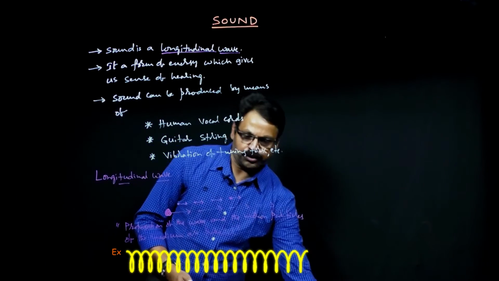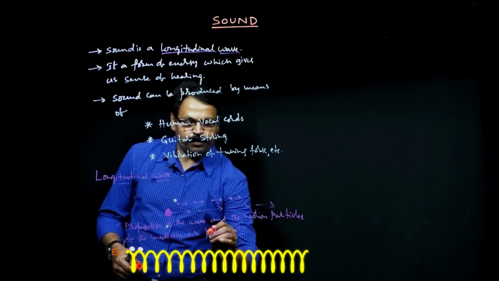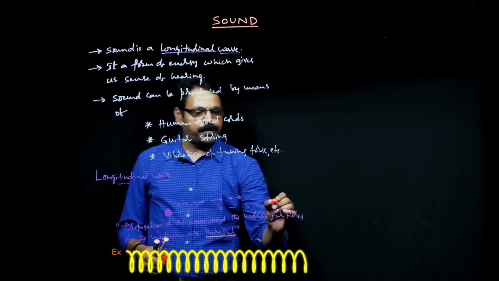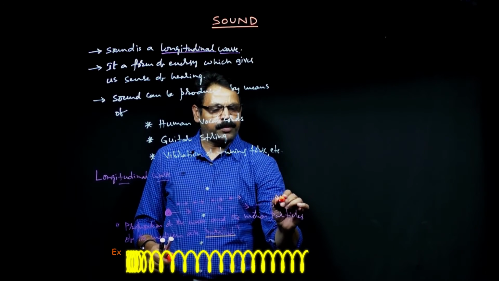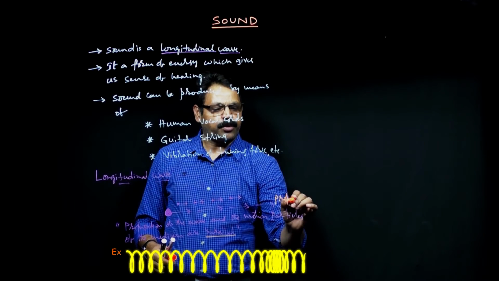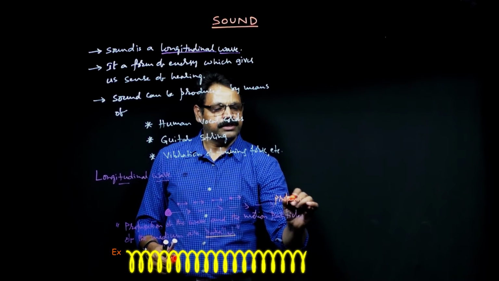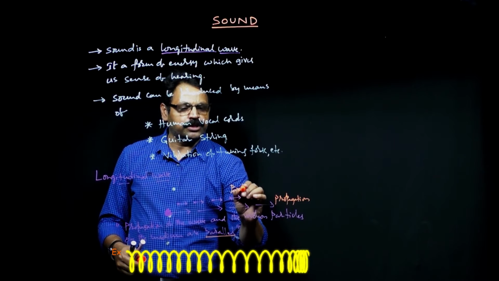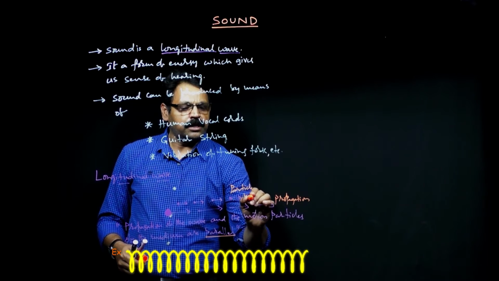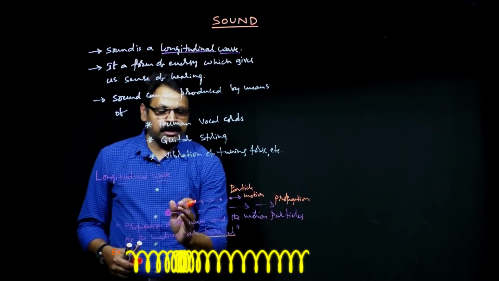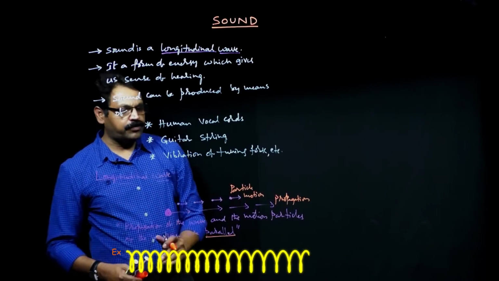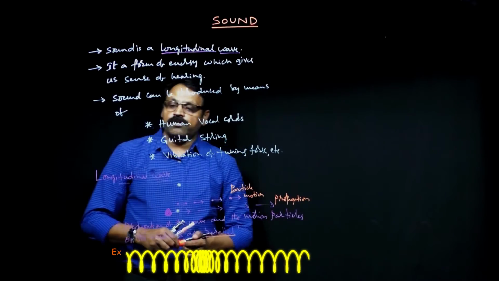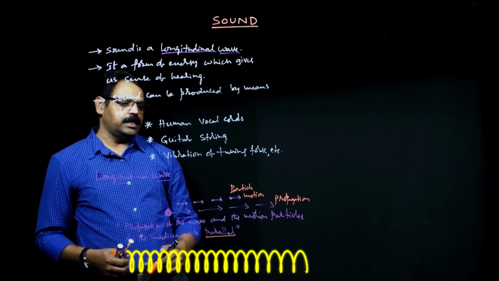If the particles move parallel to the propagation, this is the propagation of the wave, and this is the particle motion. So particles are moving along the direction of propagation. In such a case we call it a longitudinal wave. Sound waves are longitudinal in nature.